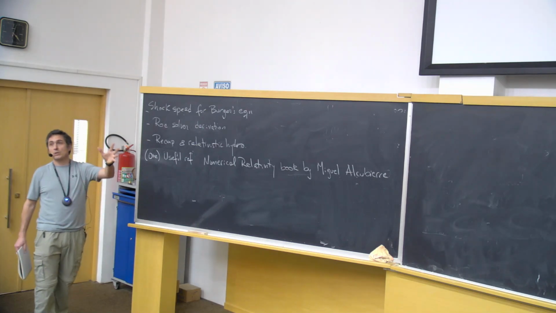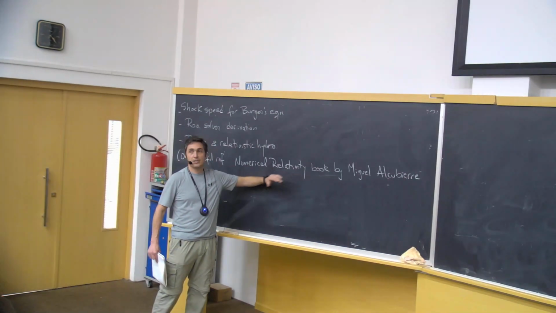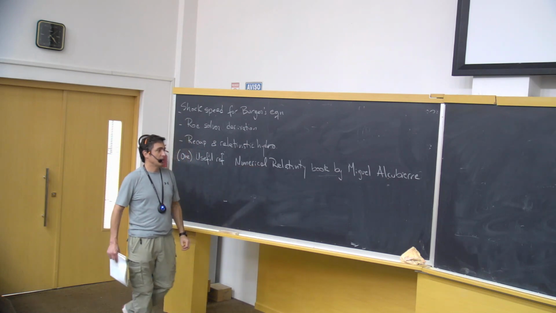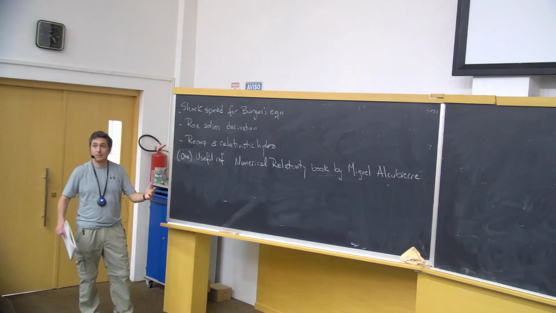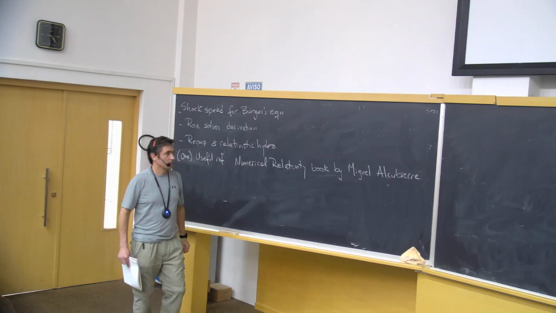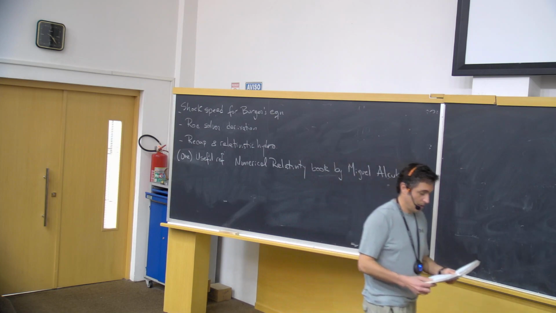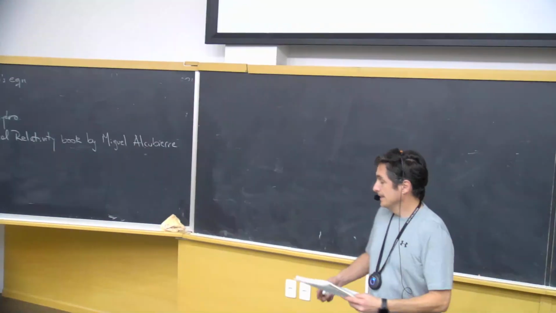But as we move into the type of issues that we need to deal with in general relativity, Miguel Alcubierre's book is actually very useful. There are 4 or 5 out there. I think the introduction here is at the right level. So that would be one source.